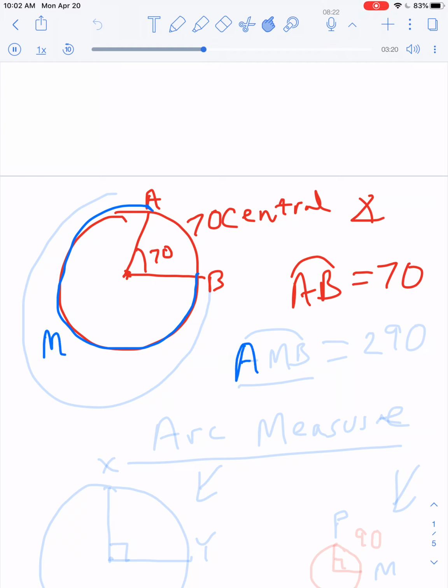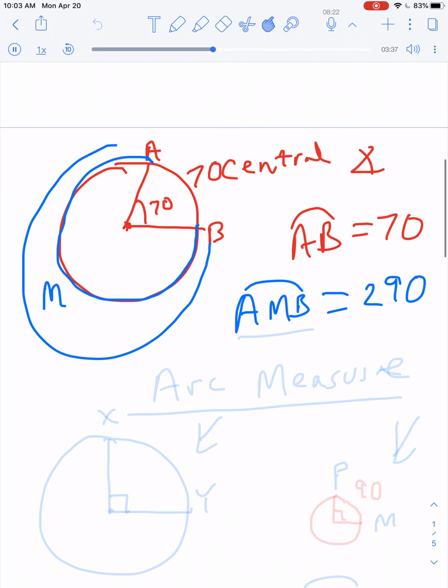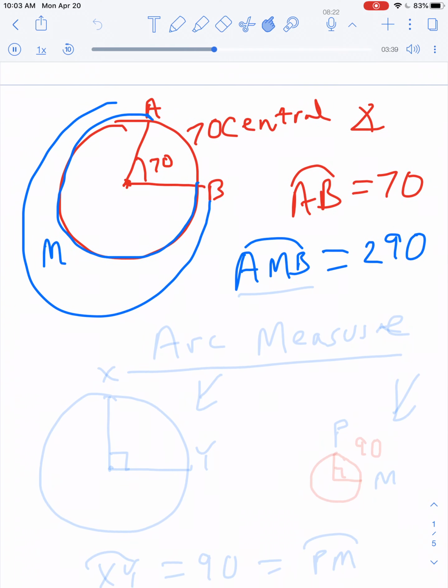Arc AMB goes from here all the way around. Well, if a full circle is 360 and this one's 70, then that would be 290. So typically we only work with minor arcs, but there are also major arcs. That's why you have to use AMB, because otherwise if you said arc AB, you don't know if you're talking about the blue one or the red one.